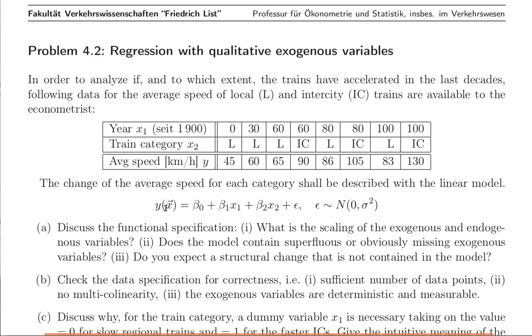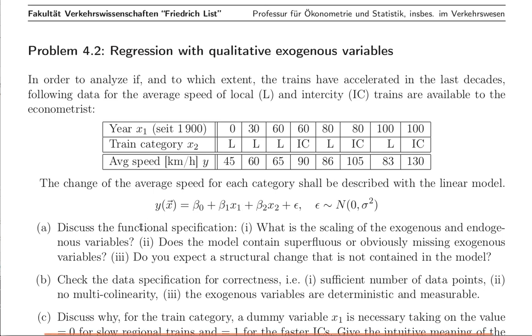The average speed y is a constant plus a linear increase with the year, and here with x2 we cannot simply insert L or IC, because these are qualitative variables, nominally scaled, and you cannot add L with some number as a year, for example. But we will come to that later.